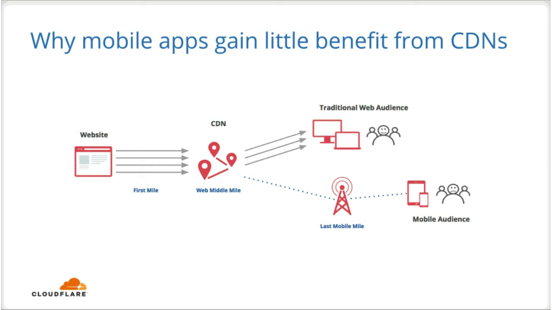Whereas when you look at the last mobile mile, this is the area where NewMob plays. NewMob is able to do some very special things to how data is transmitted back and forth once it leaves the edge or the boundaries of the CDN provider to the actual user across that 3G or 4G network.